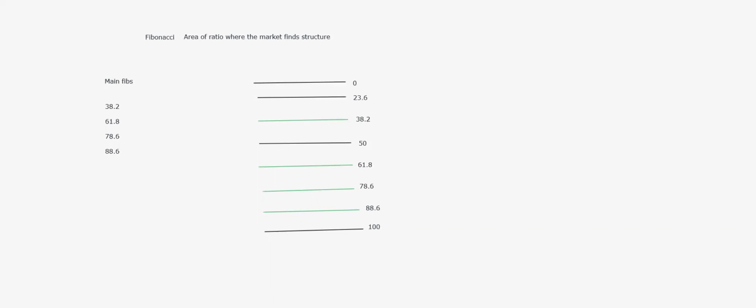But the main fibs I need you guys to focus on are 38.2, 61.8, 78.6, and 88.6. These are your main fib levels. These fibs are true support and resistance.